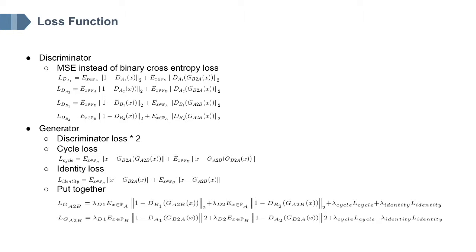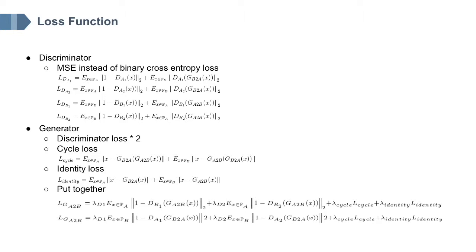As for the generators, things will be a lot more complicated. Firstly, the generators will use 4 different losses to combine a loss function. The first 2 losses are simple discriminator loss, and the third one is called cycle loss. Cycle loss is the core of CycleGAN. It is proposed as follows.